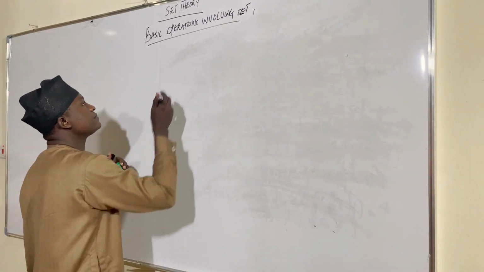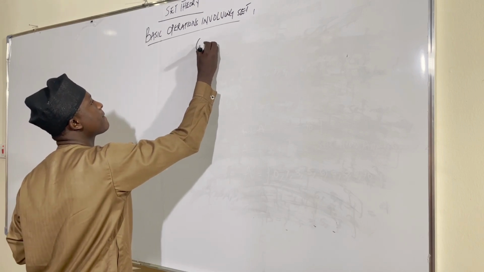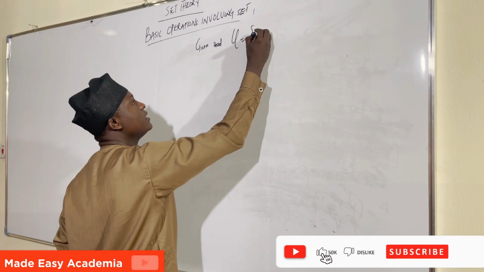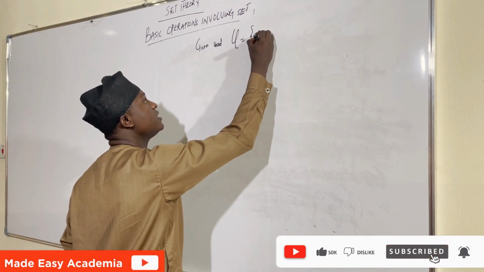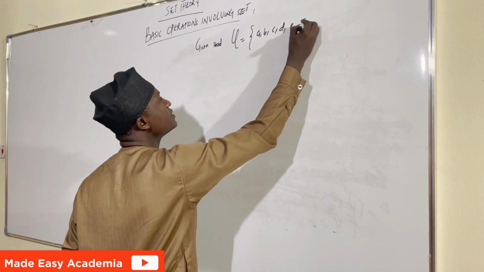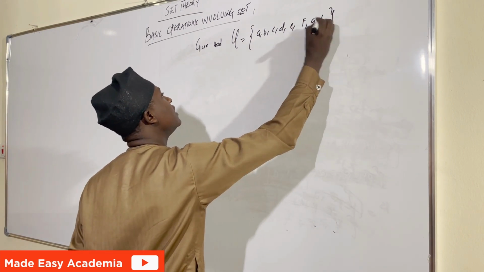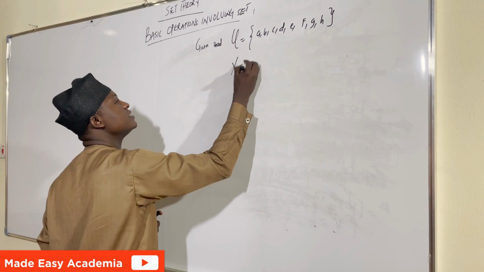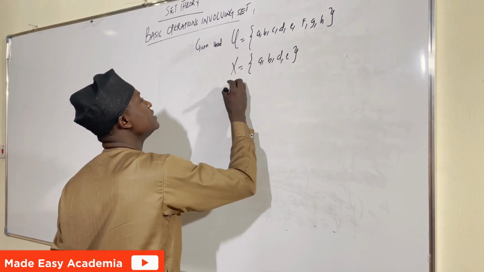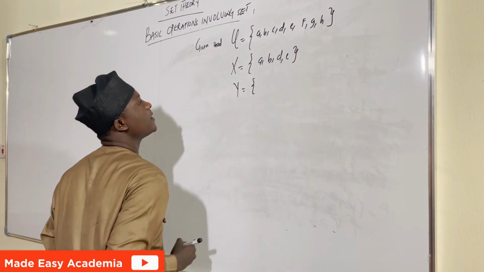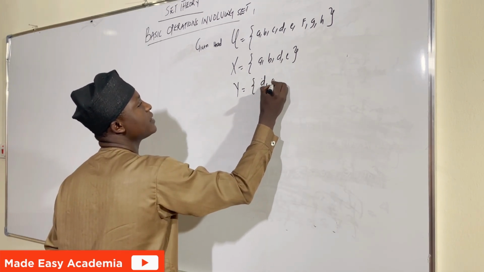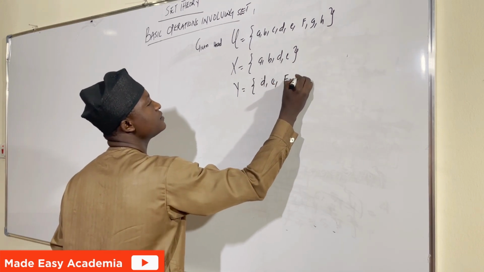It said, given that the universal set is equal to, let's bring the alphabet A, B, C, D, E, F, G, H. And they say given that set X is equal to A, B, D, E, set Y is given as, let's say, D, E, F, G.